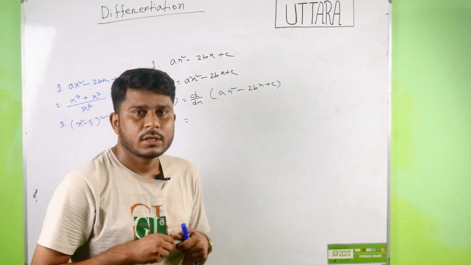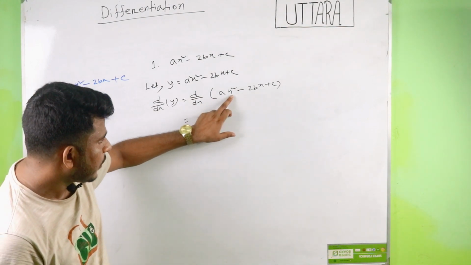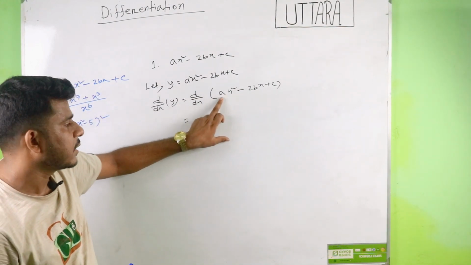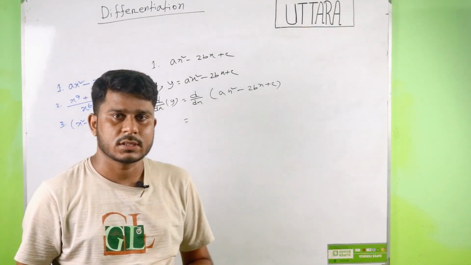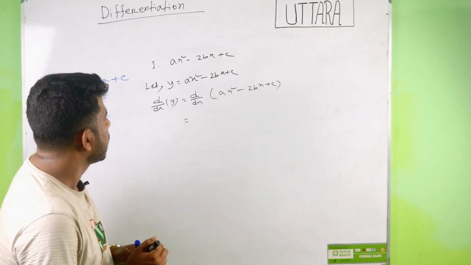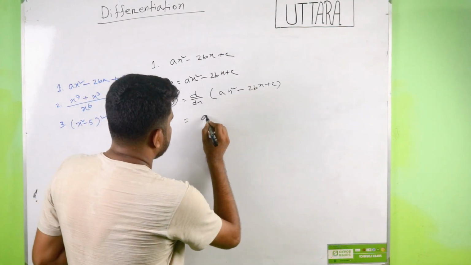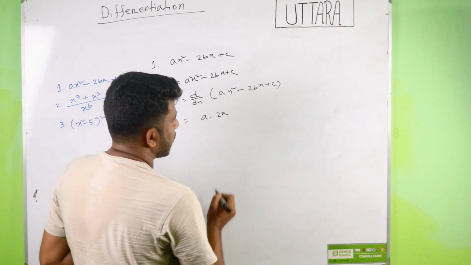In a x square, x square is the variable here and a is a constant. If a variable is multiplied by a constant, the constant will be unchanged. The constant is just copied and x square differentiated gives 2x.